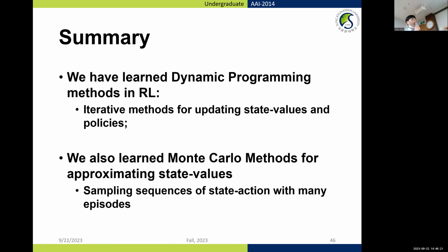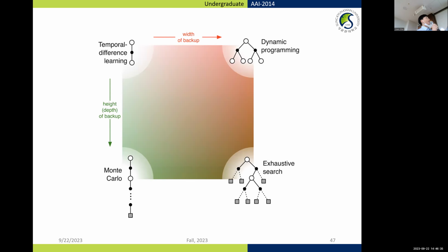Summary: so far we learned DP, which is an iterative method, so we have value iteration. We also learned the MC method for approximating state value by sampling sequences of state-action with many episodes. If you look at the overall big picture, DP checks every possibility, and MC goes deep, but with many episodes to explore the environment.